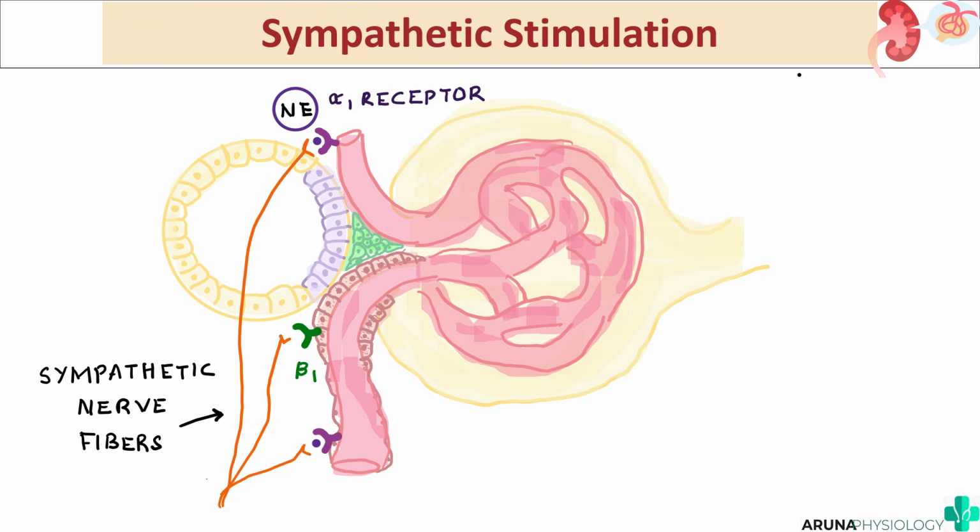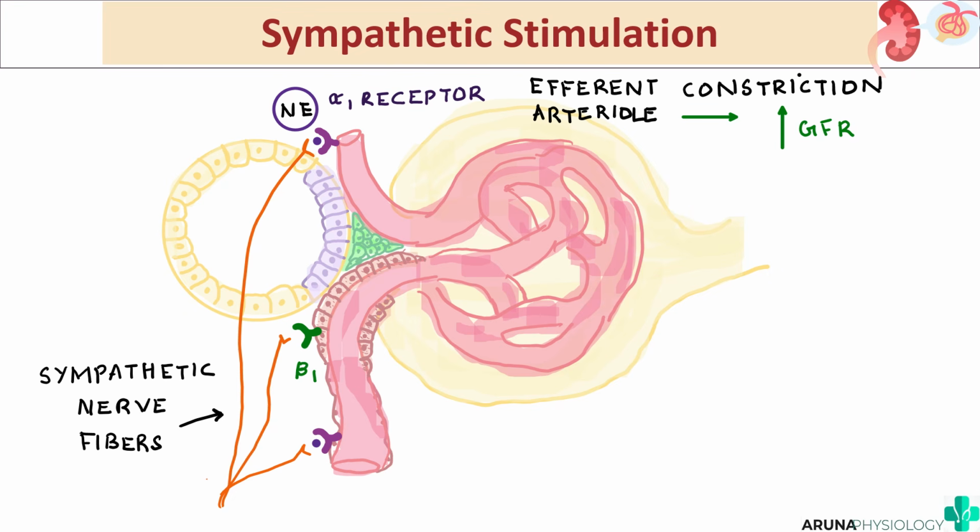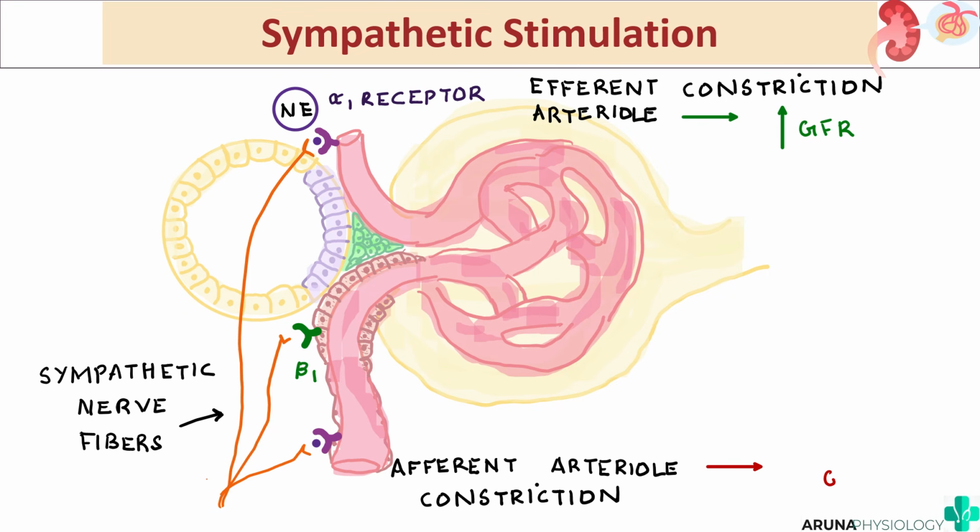So normally, if the stimulation is moderate, it will just cause efferent arteriolar constriction, which means it is going to increase the GFR. But if there is a strong stimulation, it is going to cause both afferent and efferent arteriolar constriction, which means there is going to be a decrease in GFR. So you can just remember, if there is a fight or flight response, obviously your kidneys are going to decrease the GFR so that you can act in that situation, right? So if there is strong stimulation, it is going to decrease the GFR.